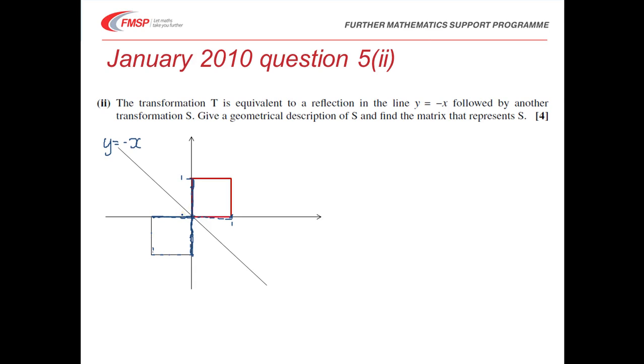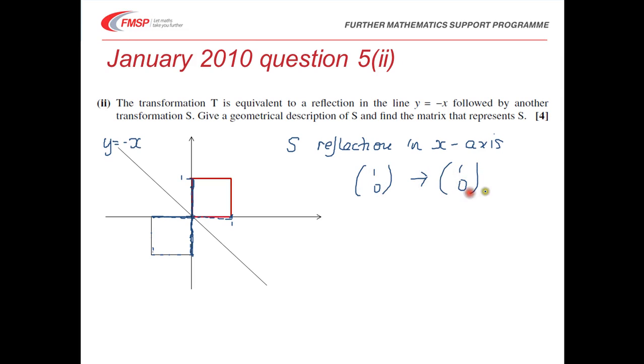So in fact what we're looking for is S, which is a reflection in the x-axis. And so that means that for a reflection, 1, 0 would map onto itself.